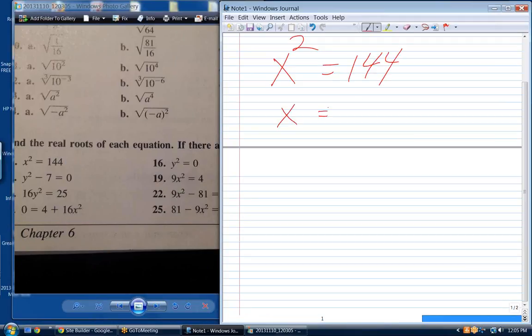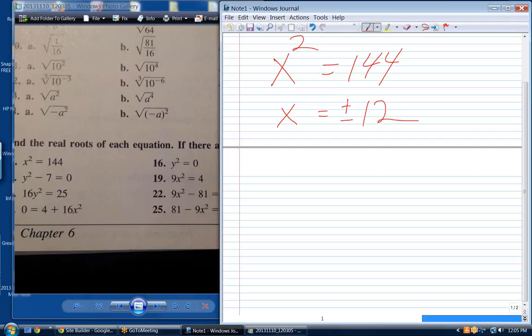No. The reason I'm hesitating is because everybody misses this, and I can't quite figure out why. It's plus or minus 12.